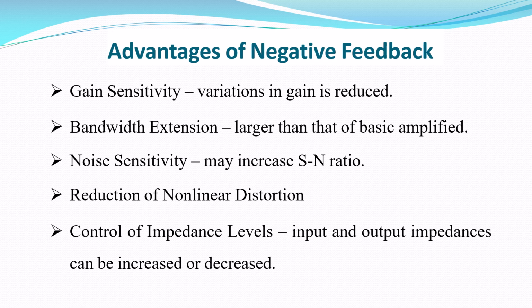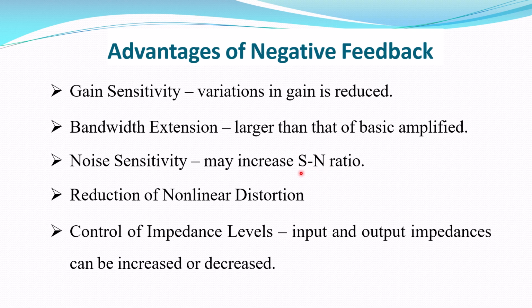And next, advantages of negative feedback. Mostly we are using the negative feedback amplifier. The main advantage is that it improves the gain, and due to the variations of the gain, noise gets reduced. The bandwidth of the negative feedback amplifier is high based on the frequency ranges.